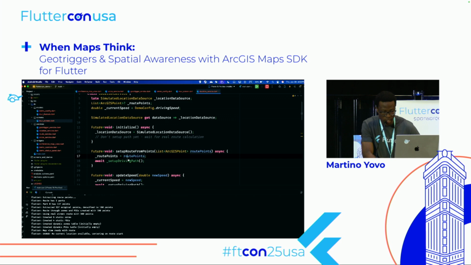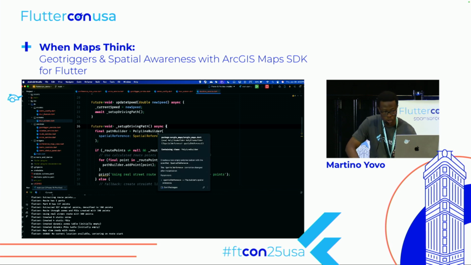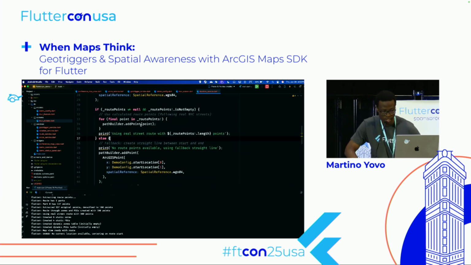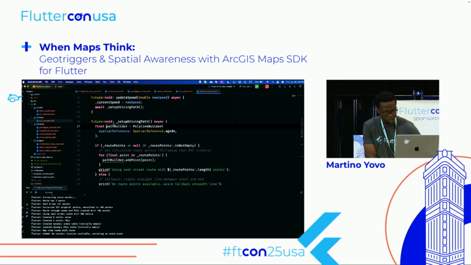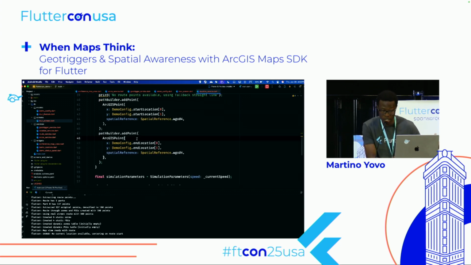Now the driving path that I already defined, I'm building a polyline with it. I have the path builder that I'm adding points to, and I'm getting the points from my driving path list that I showed.